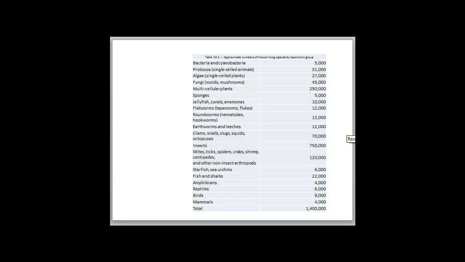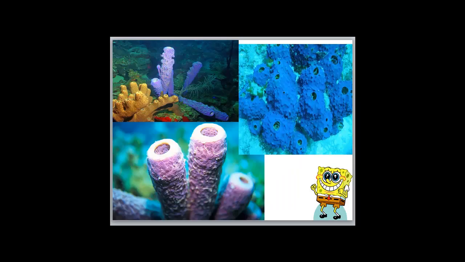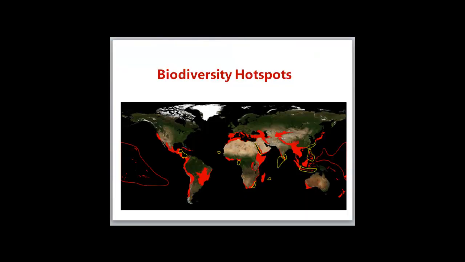If you look on this chart, there are actually more species of sponges on our planet than there are mammals. So when you think about mammals being very diverse and a huge number, you're talking about a very, very small fraction of the total number of species on our planet.